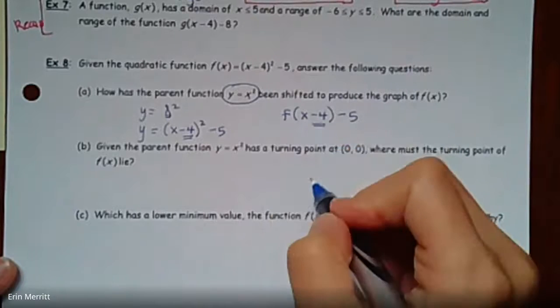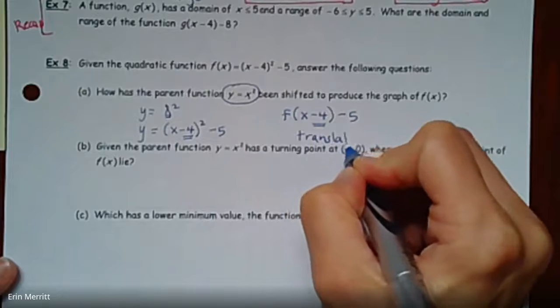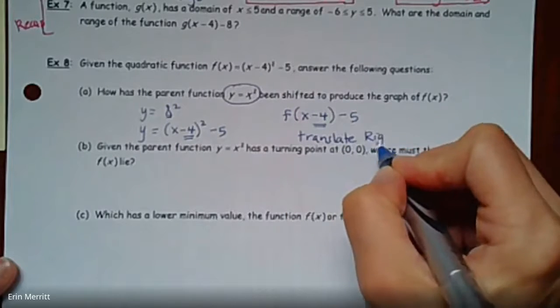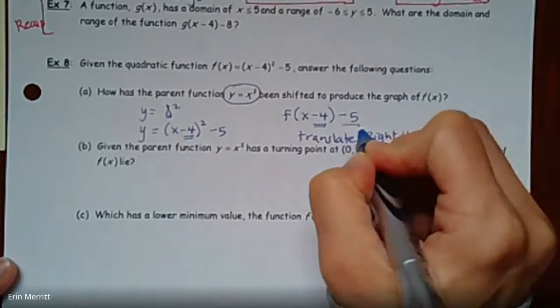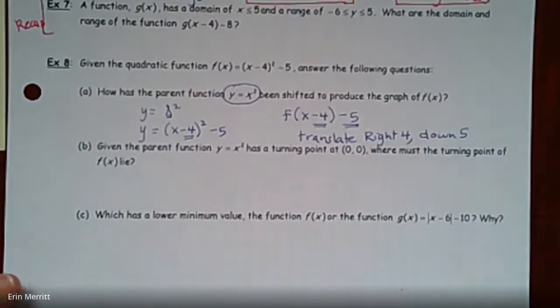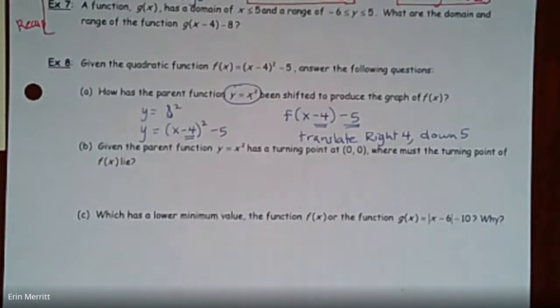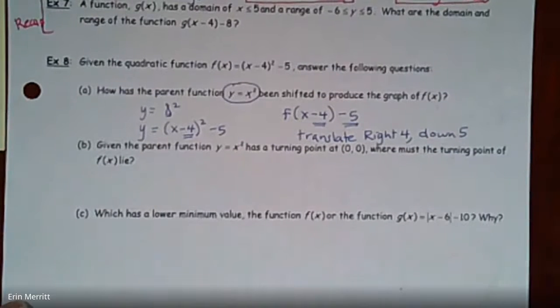So this is going to shift it to the right 4. This is going to shift it down 5. And it's a good rule of thumb to just follow PEMDAS and think inside the parentheses first, outside after. So translating it right 4 and then down 5.